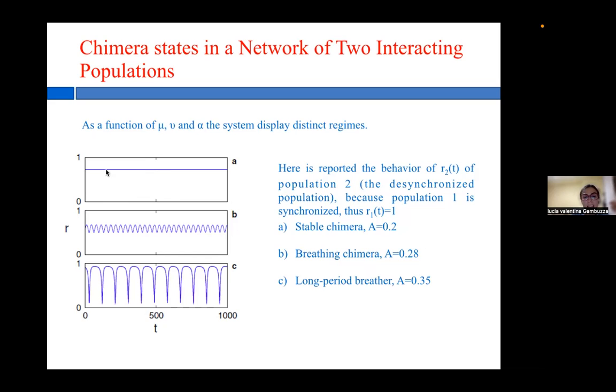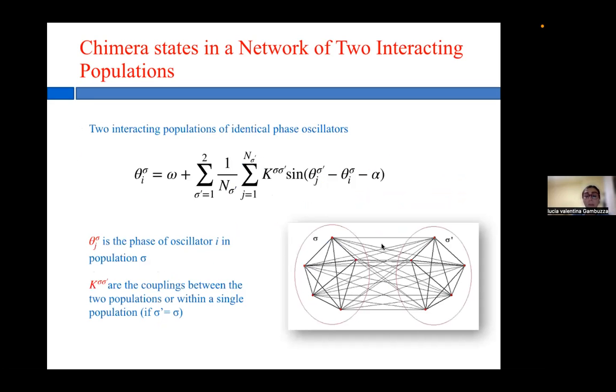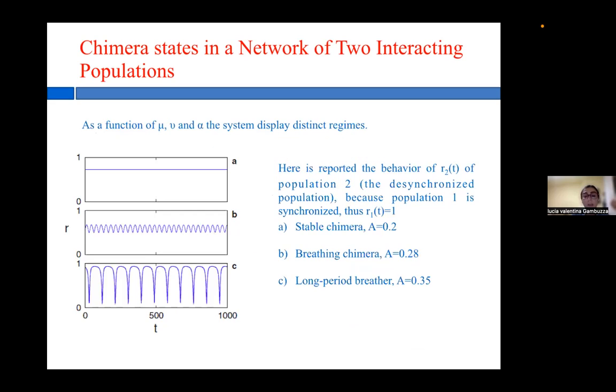We just have a small fluctuation, maybe invisible, just due to the finite size effect. In the experiment made by Abrams and Strogatz, they considered the two populations, and in each population they have 128 units.